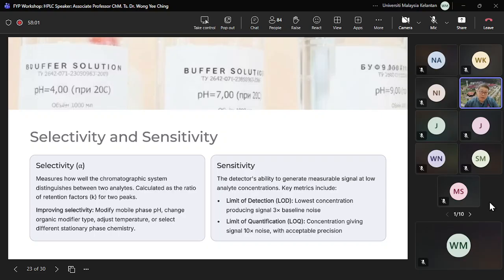But there are limits of detection, the lowest concentration producing a signal, which will normally be 3 times your baseline noise. This is what was calculated previously when you were doing the setup. And there is also a limit of quantification, whereby the concentration gives 10 times the signal with acceptable precision.